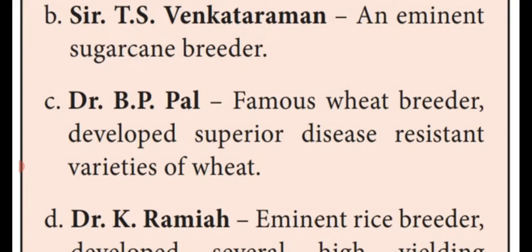That means apart from the normal variety, he has produced superior quality with disease resistant varieties of wheat. A wheat plant was observed by B.P. Paul. That plant is not affected by any kind of diseases. That is said to be disease resistant wheat variety by B.P. Paul.